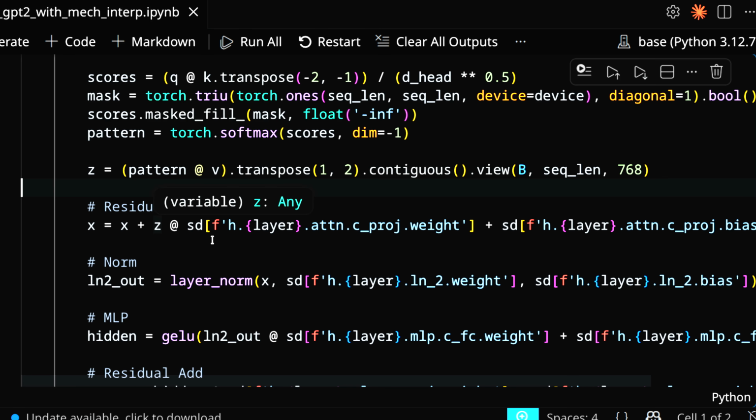Then when it comes down here, after this is matrix multiplied and the bias is added to it, it adds the residual stream. There are several reasons it adds the residual stream. One, it helps prevent vanishing gradients whenever the network learns.